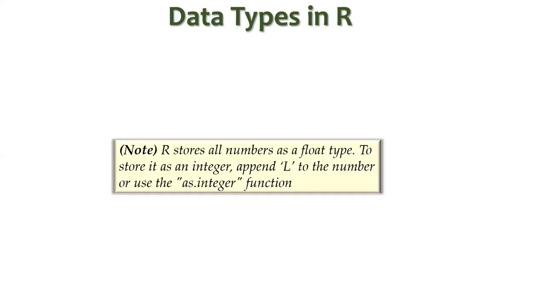But if you just type the number, it will still be a number, but it wouldn't be an integer. You can also use the as.integer function. There's a function in R called as.integer, which can change numbers to integers. So as.integer, and then you put the number inside a bracket, and it will change the number to an integer. So just take note of this one.